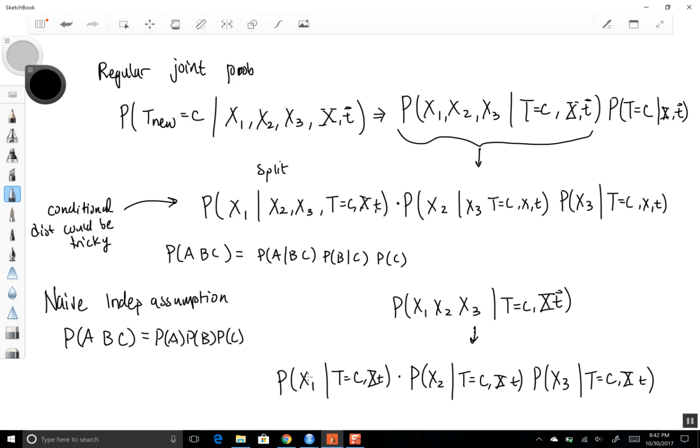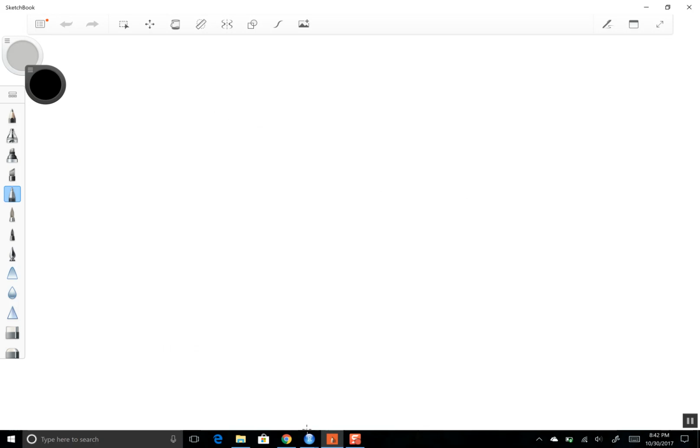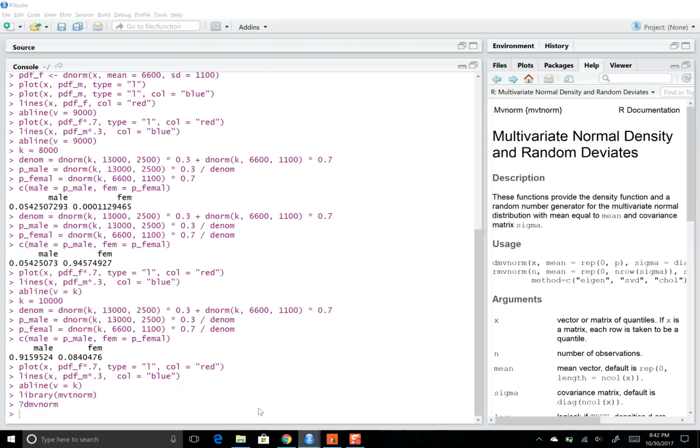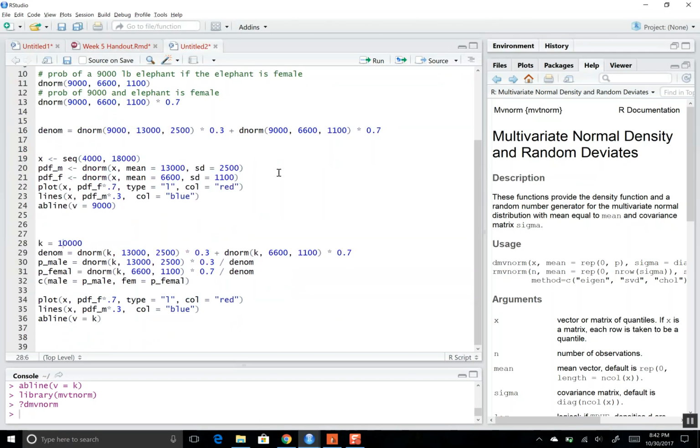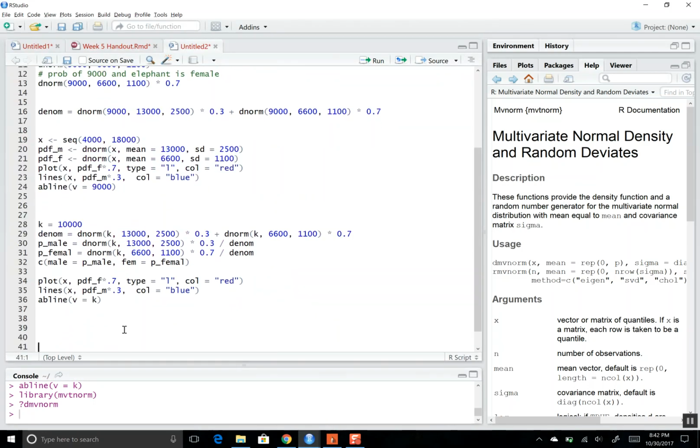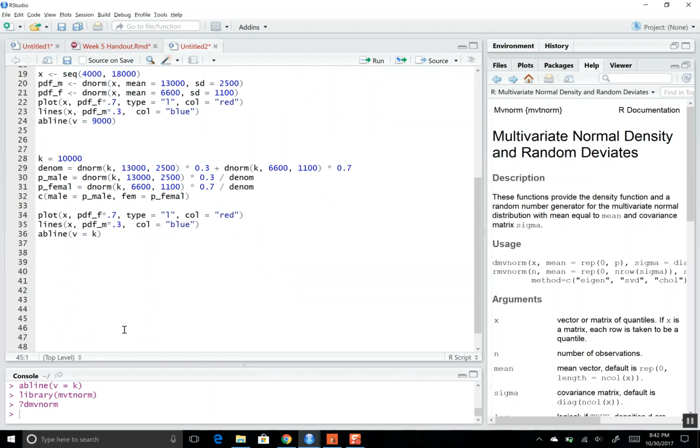Is that okay? All right, and then conducting this in R is basically exactly the same as we've done before. You just have more terms in the numerator for each one.